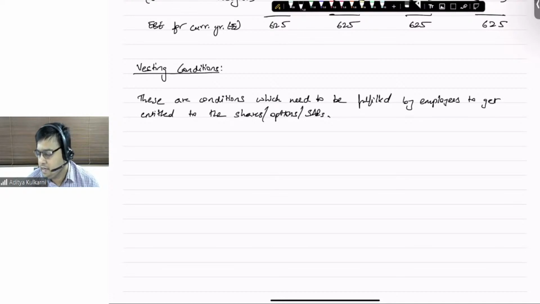Since the market condition is not fulfilled, you will have to fulfill the commitments when the market condition gets satisfied. And that fellow has to remain in service. So that is the service condition. No change in that. Okay.